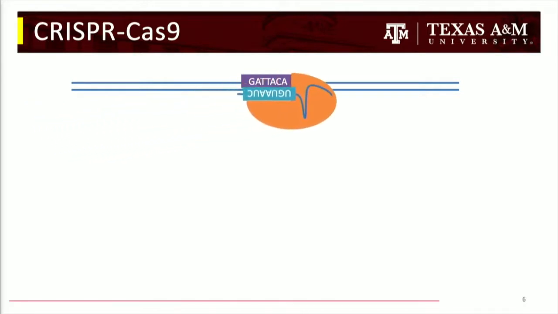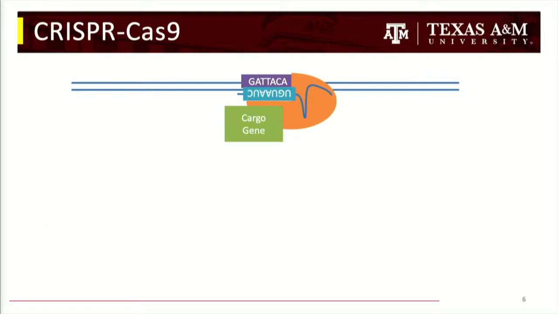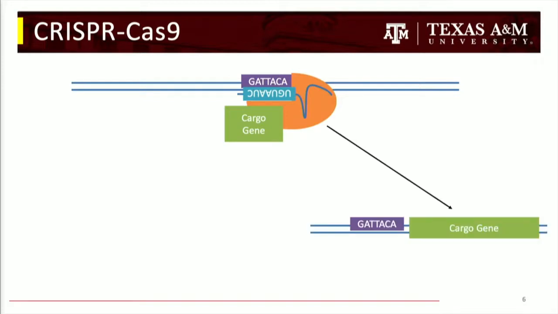And so that goes in, and then if it's just the guide RNA complex to the Cas9, it'll make a double strand break in the DNA. You can also add a cargo gene that it'll bring into contact with the DNA. And so when it makes that cut, then it'll insert the cargo gene.